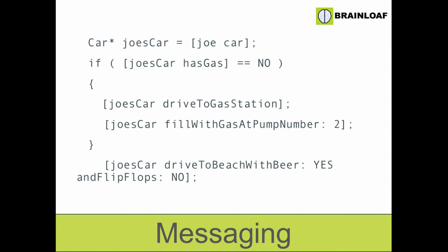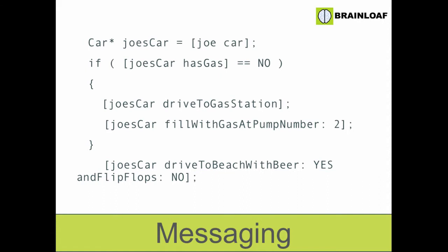And then the next couple of lines within that if block just illustrate more function calls using the receiver message pattern. So Joe's car, drive to station. Joe's car, fill with gas at pump number 2. So those messages all must exist. And when you're coding things like this at compile time, everything works.